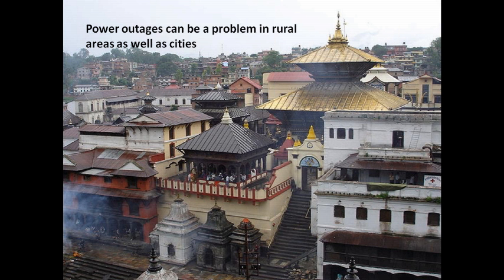So far we have talked about remote locations mainly, but I want to point out that power outages can be a problem both in rural areas as well as in cities. This photo is from Kathmandu, where we have discussed projects to handle the situation with frequent power outages in the city.